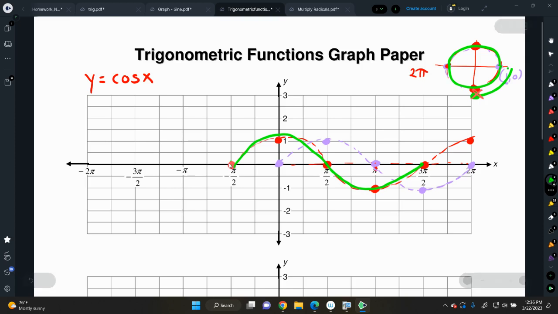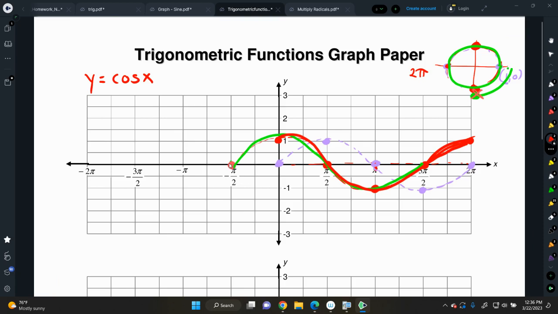So that's why I knew that the shape of this cosine curve had that same wave to it, that same curve as the sine curve had. Because it is the sine curve, but it is shifted over pi over 2 units.